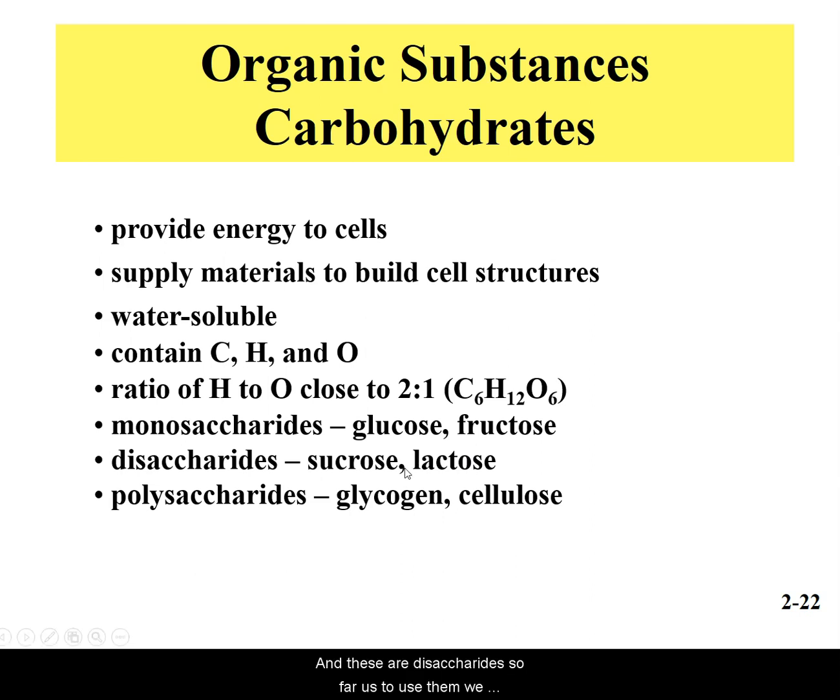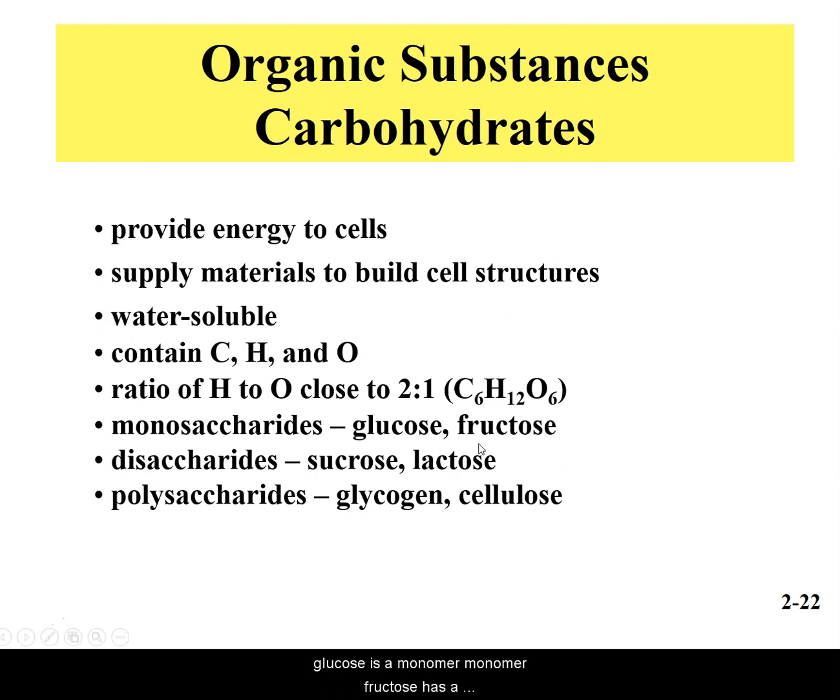And these are disaccharides. So for us to use them, we have to break the sucrose down into monosaccharides so that our body can use them. We can't use sucrose and lactose directly. It has to be broken down into a monomer.